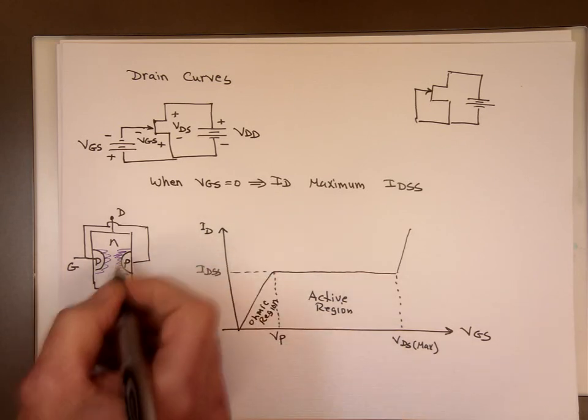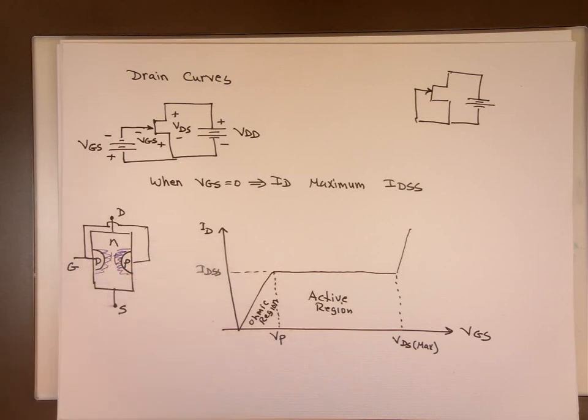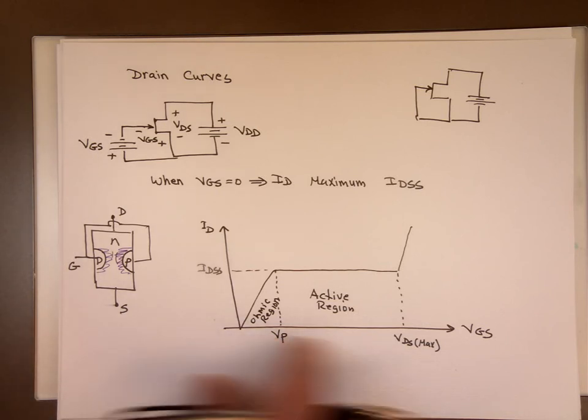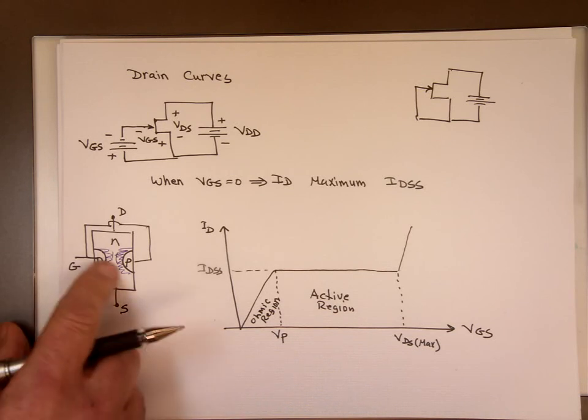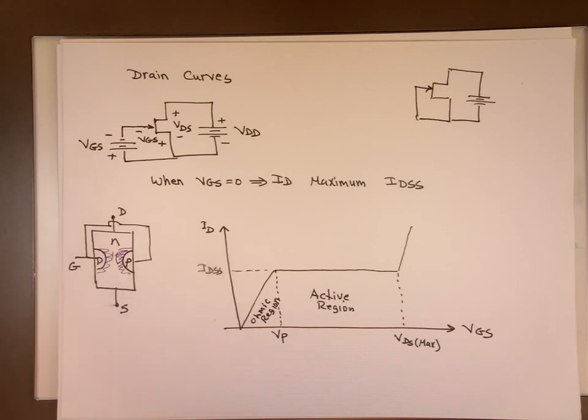That's the voltage that will make these layers touch each other. So that's really what that pinch-off voltage is. And as you go beyond that, that area will never increase in size between them. So that's why the current does not change.